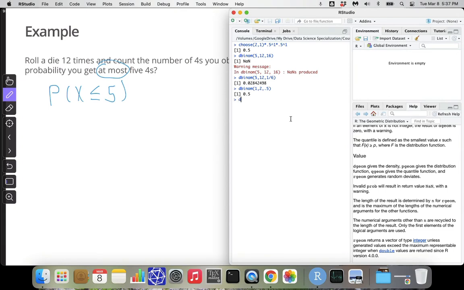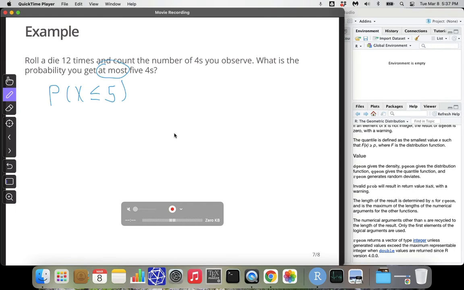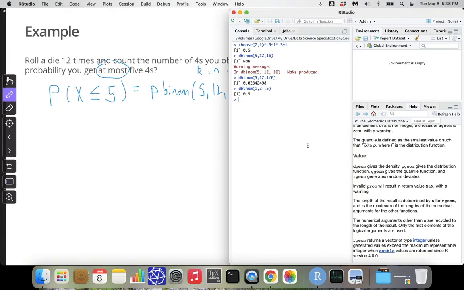So what would we do? Since it's a percentile, whenever you have something less than or equal to something, that's a percentile. So this is going to be a pbinom. 5, 12, 1/6 again. So pbinom 5, 12, 1/6 because it's the maximum number of successes, number of trials, followed by the probability of success.